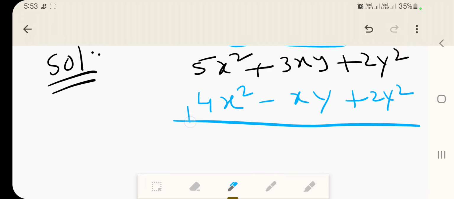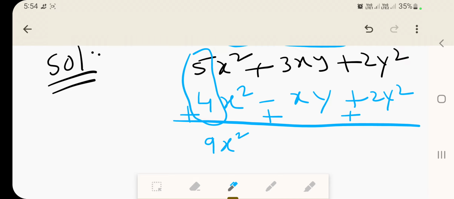Now if you add, we put plus, and here also plus, just adding. Here we have 5 plus 4, it is 9, and whatever variable square we have, we write 9x square. Now here, don't confuse, this is minus xy and plus 3xy.